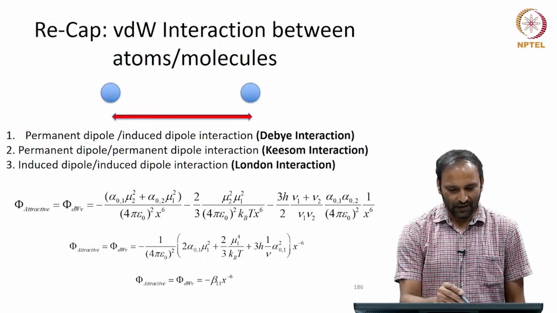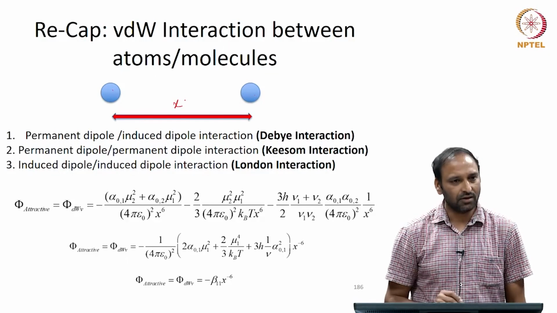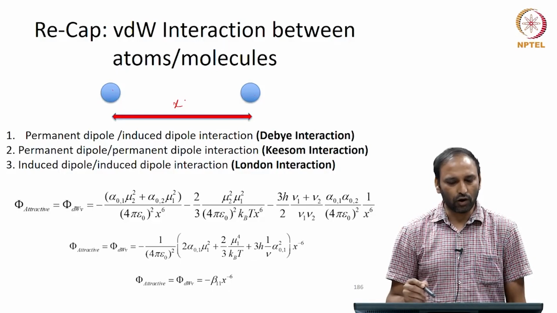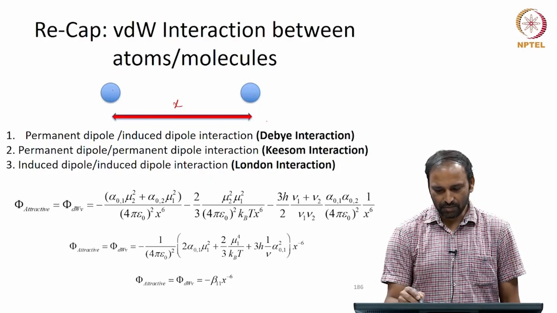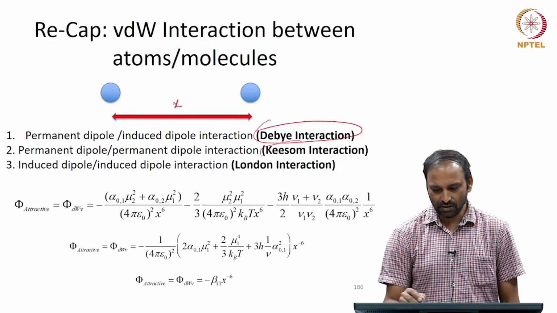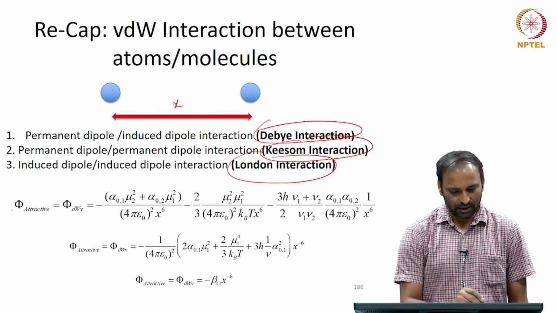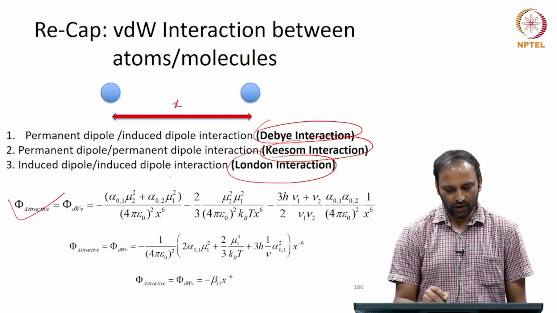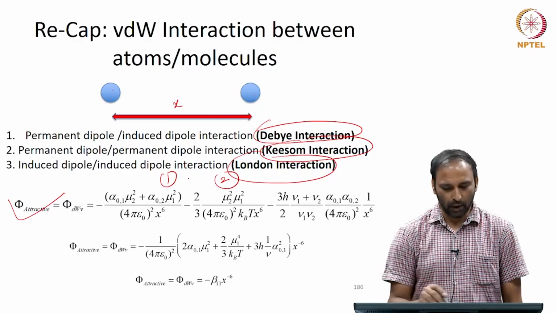Okay, so just to do a quick recap, this is what we had done in the last lecture. If I have two atoms or molecules separated by a distance x, the total contribution to the van der Waals interaction comes from the Debye interaction, Keesum interaction and London dispersion forces, and this is what we wrote for two dissimilar atoms or molecules 1 and 2.